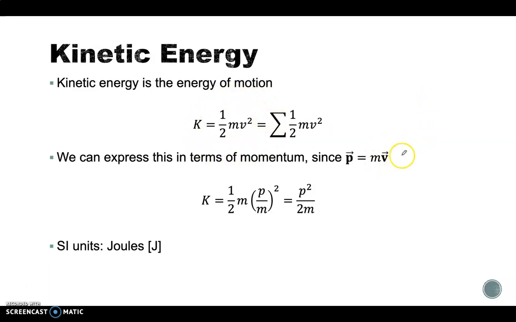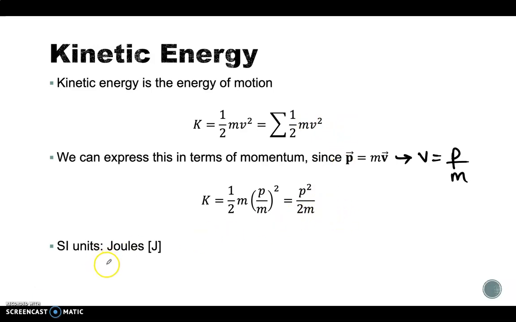Substitute our velocity in, so velocity from here would equal momentum over mass. So we would plug that in right there and then find our kinetic energy is equal to momentum squared divided by 2 times the mass of the object. Okay, and so we'll look at a few examples of how to use this in a bit.